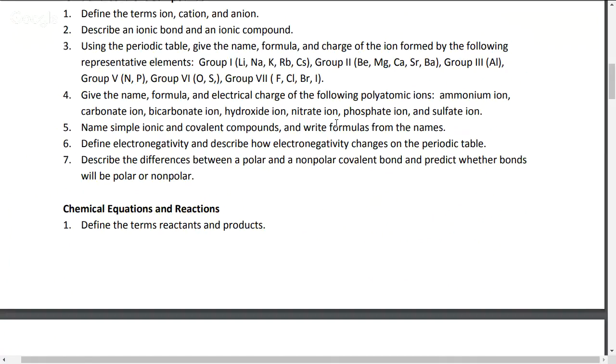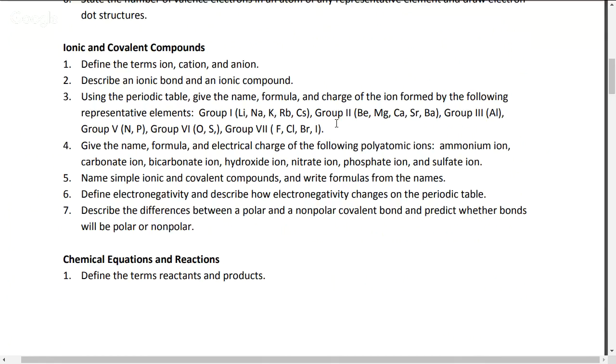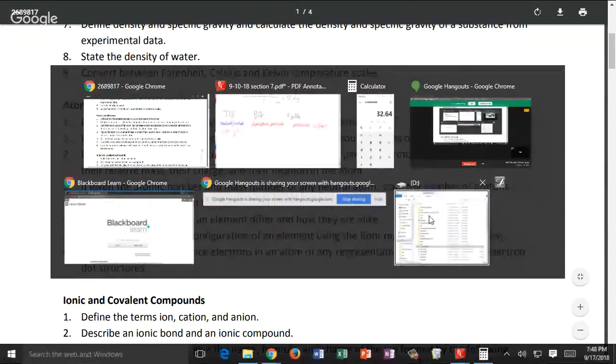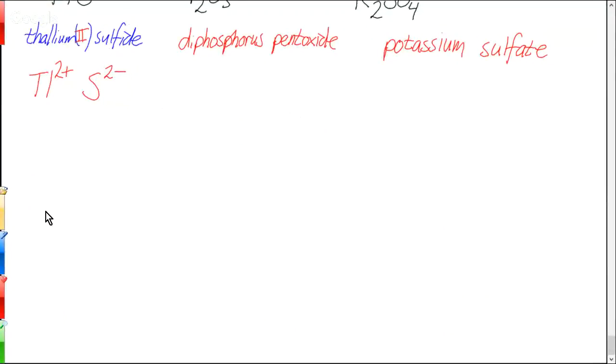Atoms and elements number 5, sure. The electron configuration. Yeah. So the way I would ask this is something like this. Electron configuration.